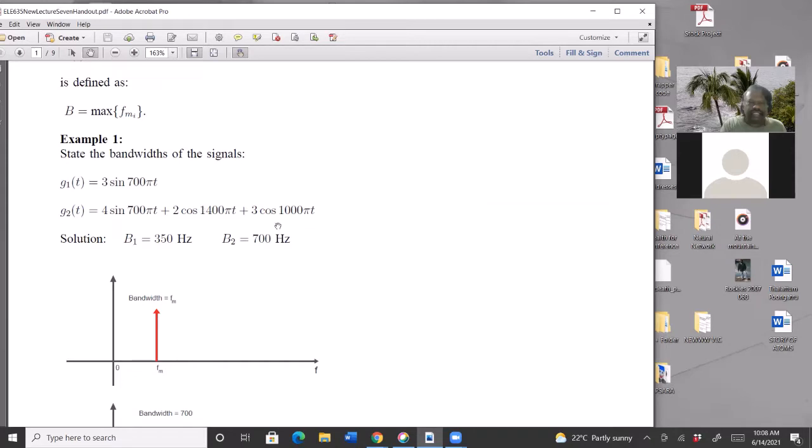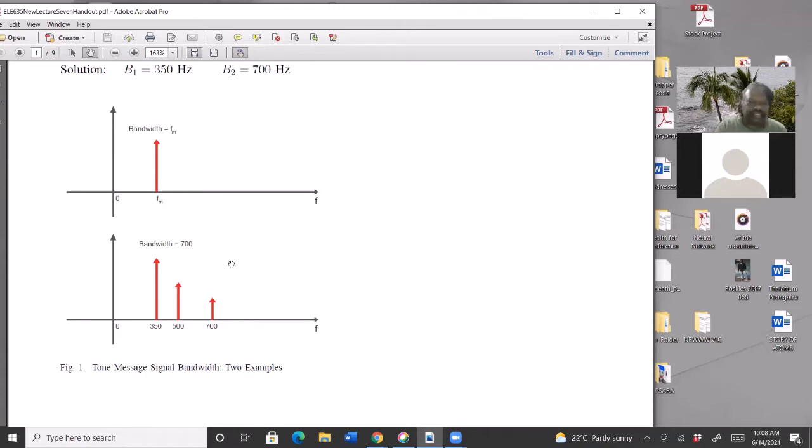The bandwidth of the second signal is the maximum of these, which is 700. The question asks to state the bandwidth of the signal. So the bandwidth of the first one is 350. The bandwidth of the second one is the maximum of 350, 700, and 500, and the maximum is 700.